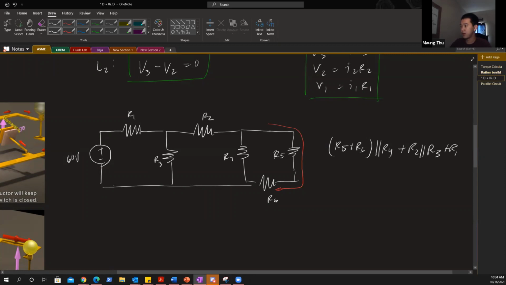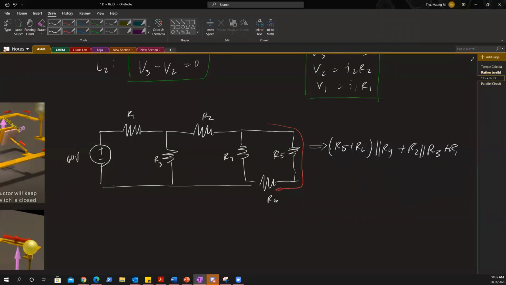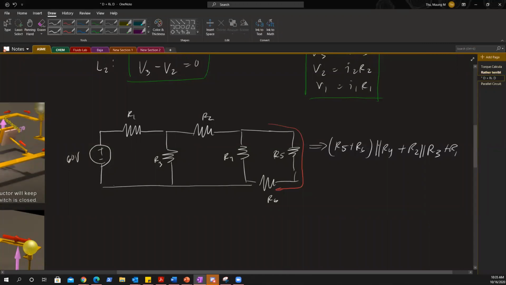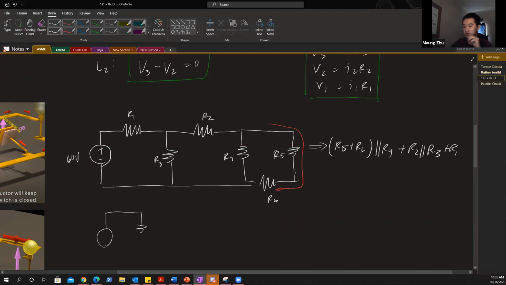So any questions on how I just did this? I know I just kind of ran through it. Wait, are you dividing them all, or? Yeah, so basically what I'm trying to do right now is turn this entire really complicated circuit into something that looks like this.